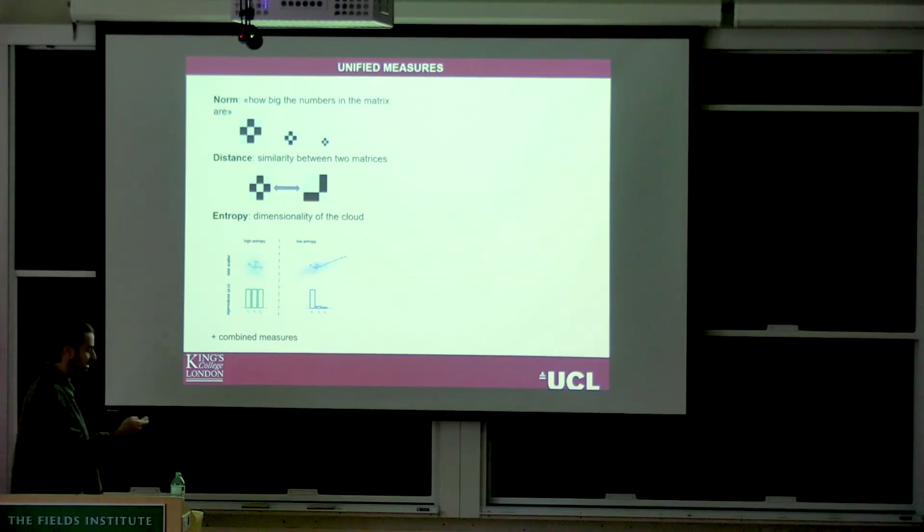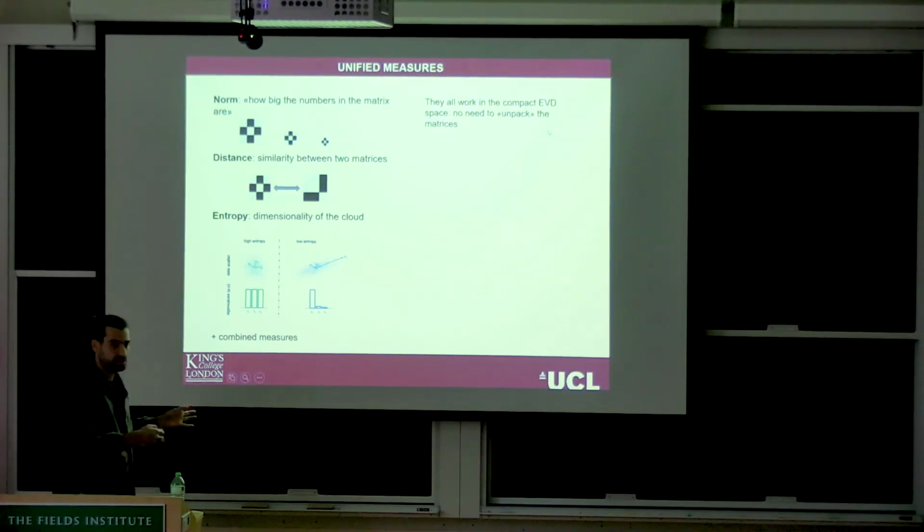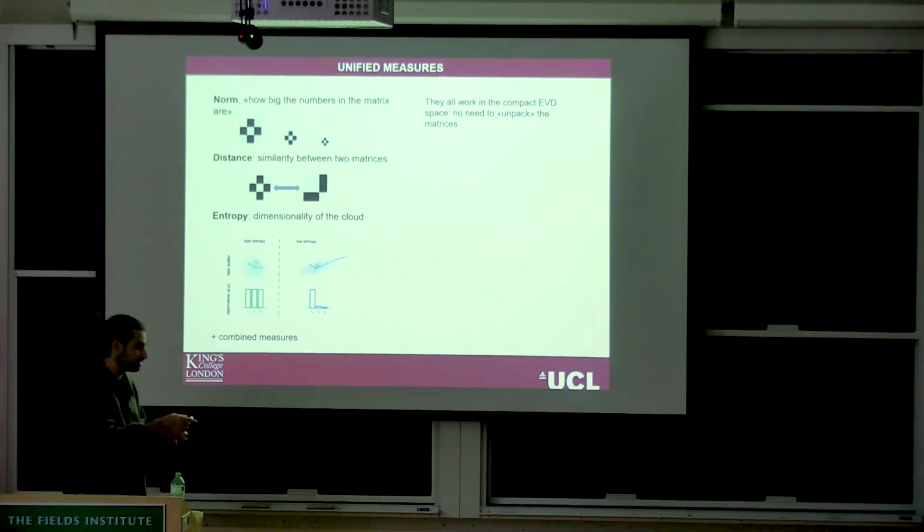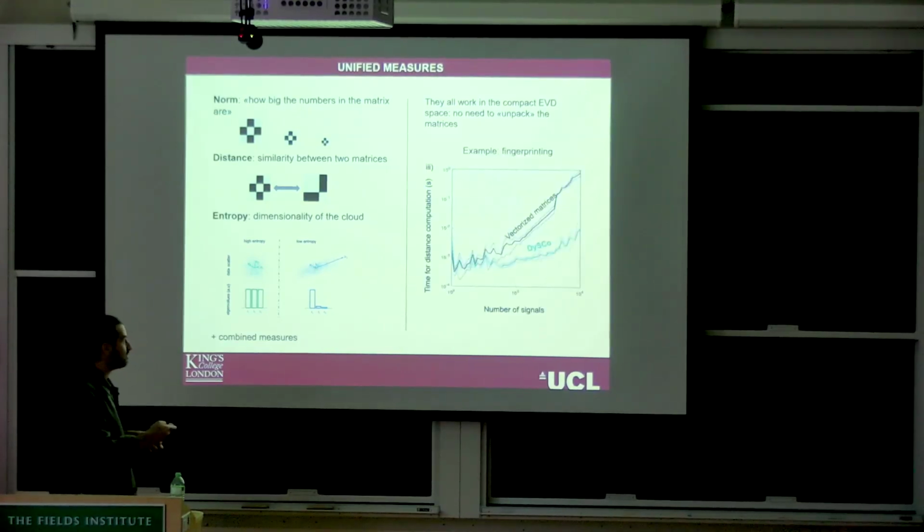And I will show this later in the application. And the key here is that we rewrote all these measures in the compact EVD space. So the idea is that you are measuring all these things about the matrices, but you never expand the matrices. You never unpack them. They all work in this compact space. And again, this can be extremely beneficial for memory consumption or time.